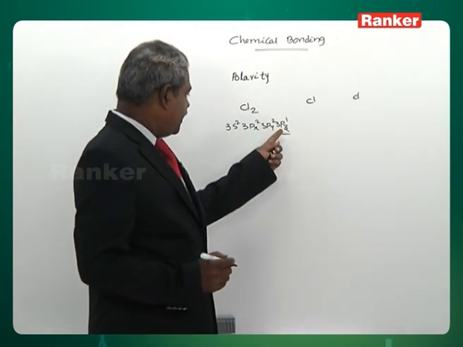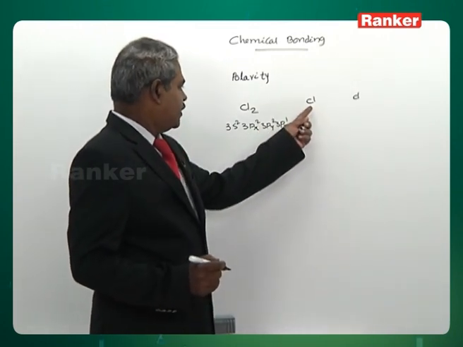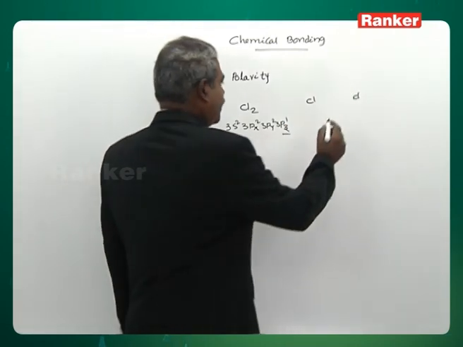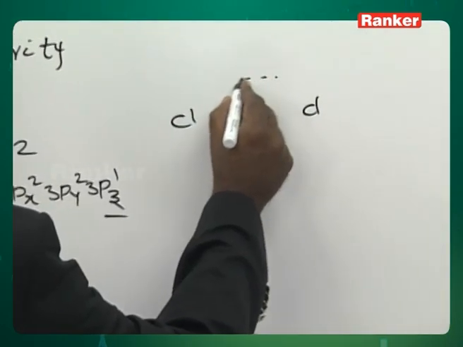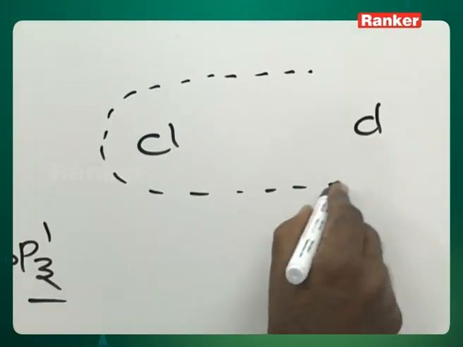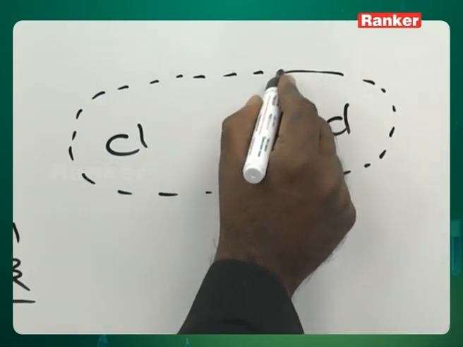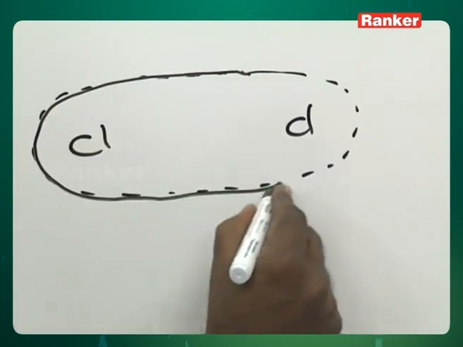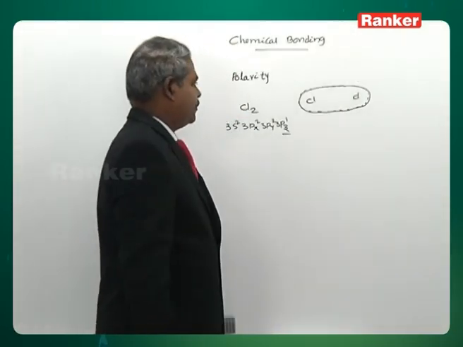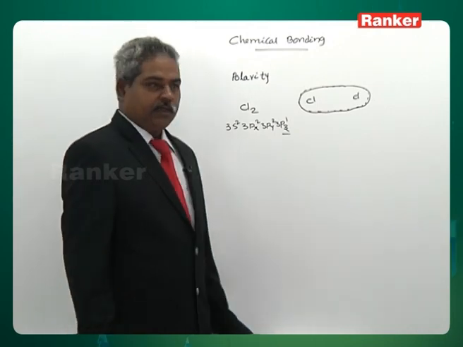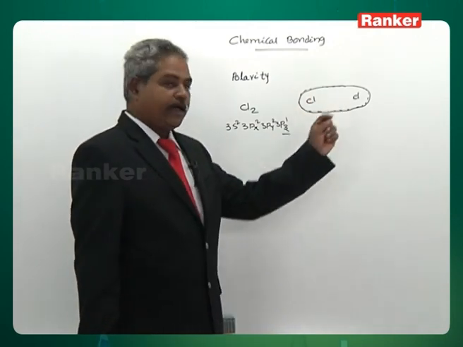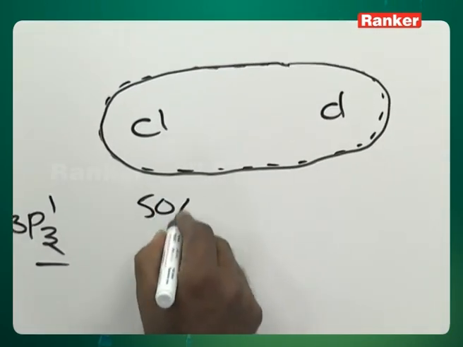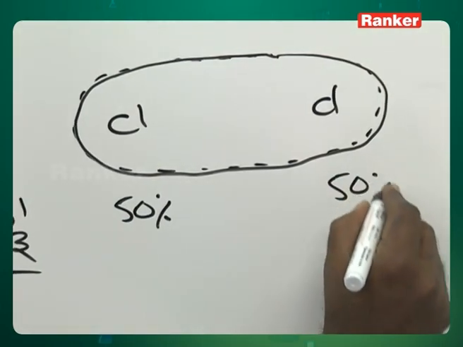That is the 17th electron of this chlorine atom and 17th electron of that chlorine atom. So, the electrons will be revolving around both the nuclei. Look at the movement of my hand. The electrons are moving uniformly. Uniformly in the sense they are spending equal amount of time around both the nuclei. That is 50% of the time here and 50% of the time here.